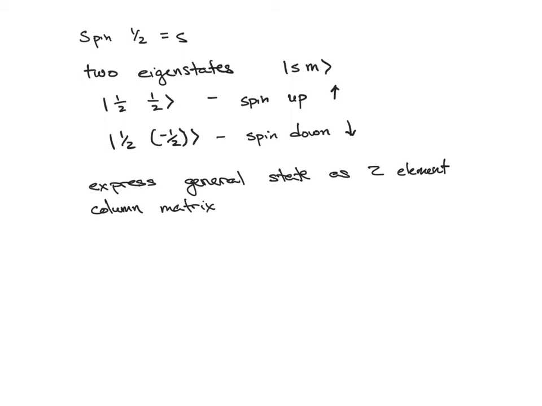So if we're going to express it as a 2 element column matrix, we're going to call that a spinner.